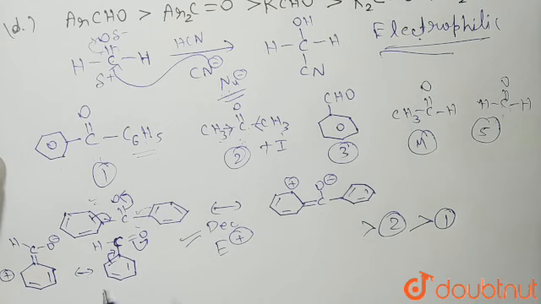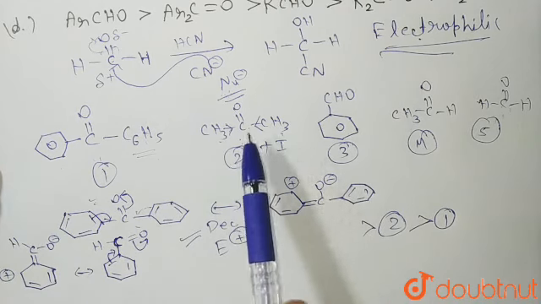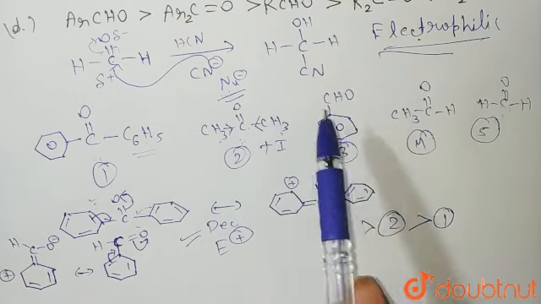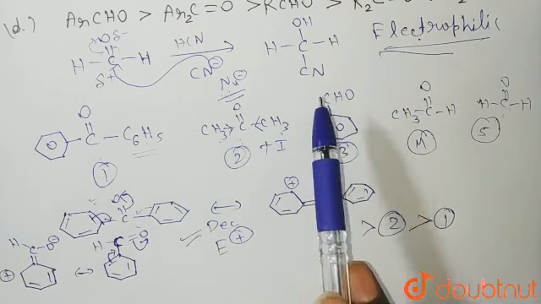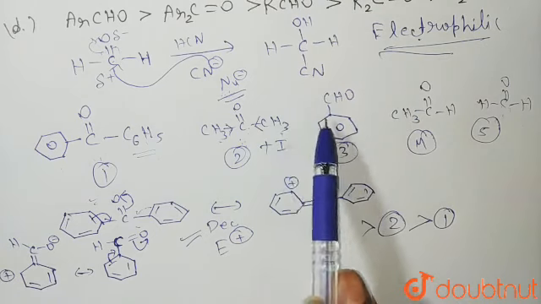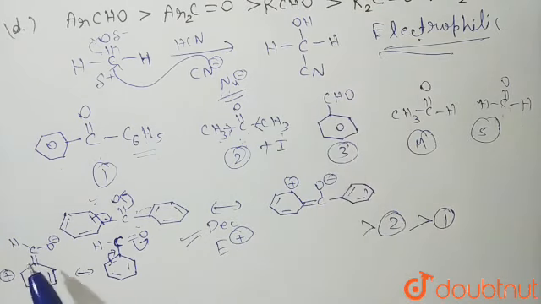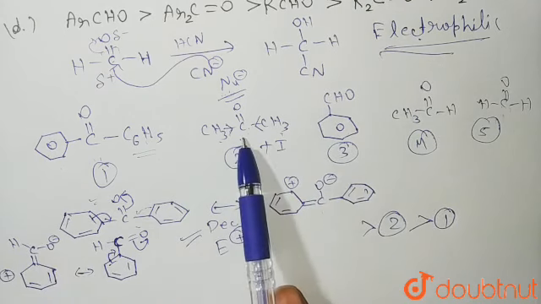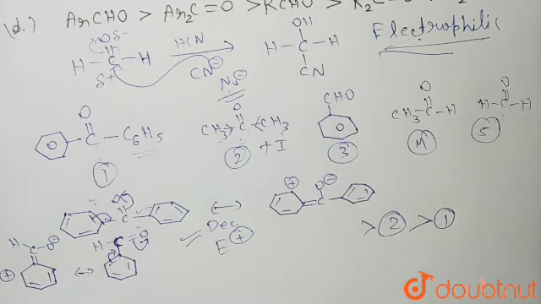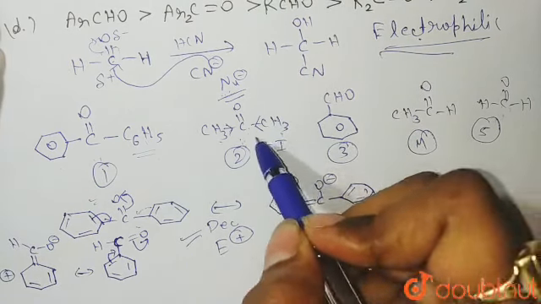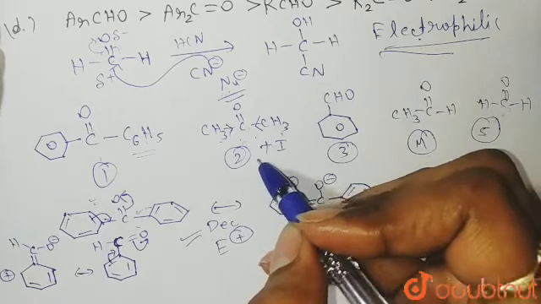But if you compare this acetone one and this one, this one will be more electrophilic. Why? Although here resonance is taking place and here plus I effect is happening, what is also happening here is bulkiness, right?